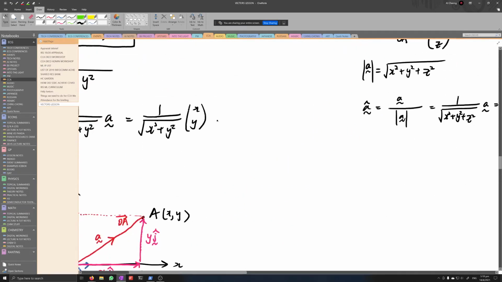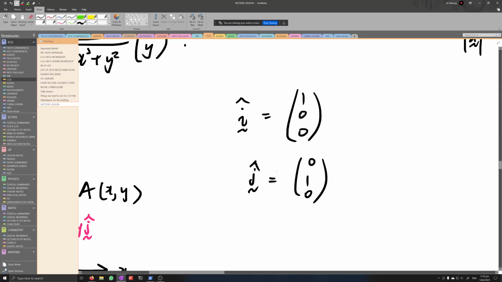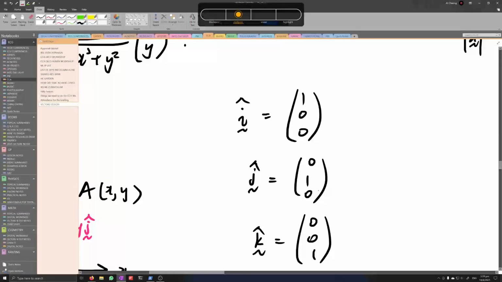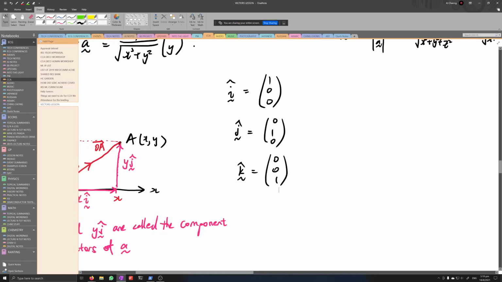So if I were to express i, j, and k in column vector form, it will be like so. Makes sense, right? It means one unit in the positive x direction, nothing else for the other two. One unit in the positive y direction, nothing else for the other two.